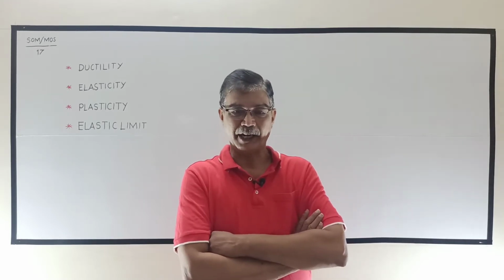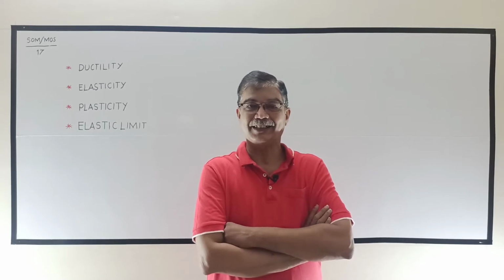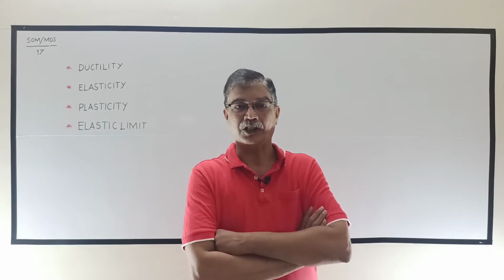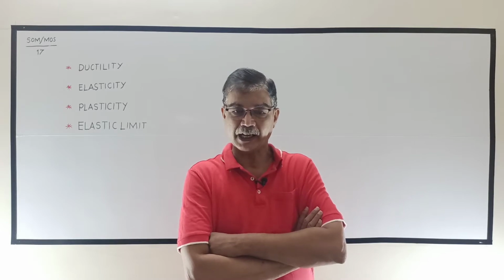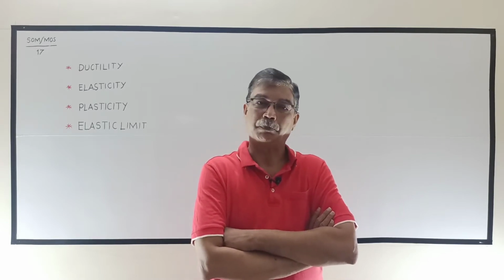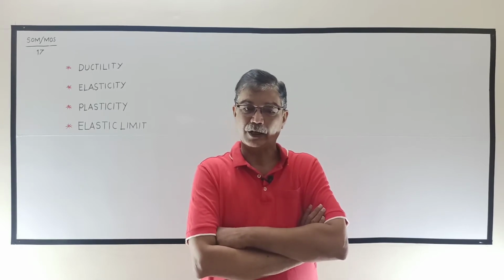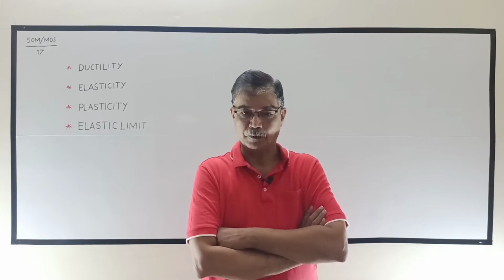In the previous video, we saw what is stress, that is resistance to the deformation per unit cross-sectional area, then strain, that is deformation per unit original length, and their units also.